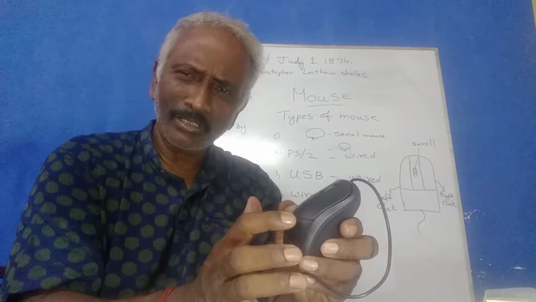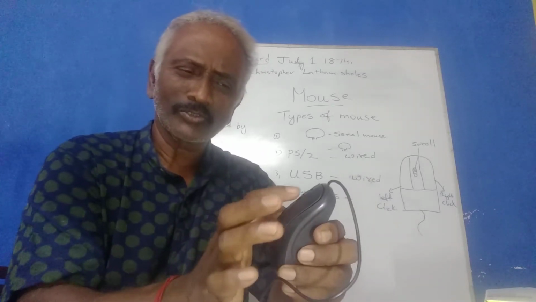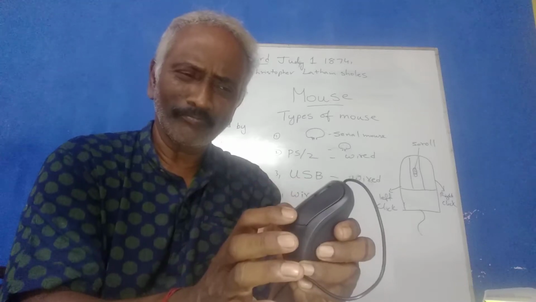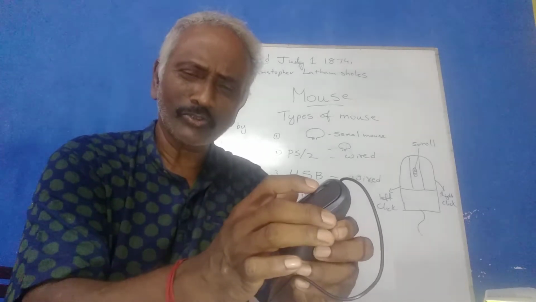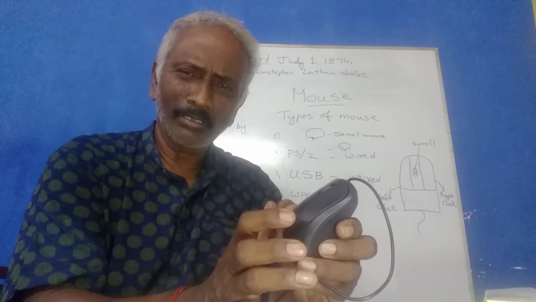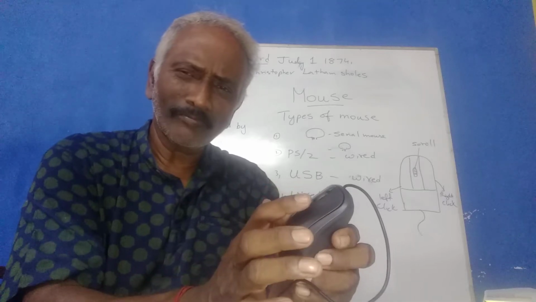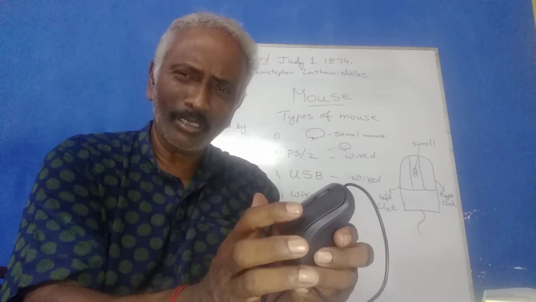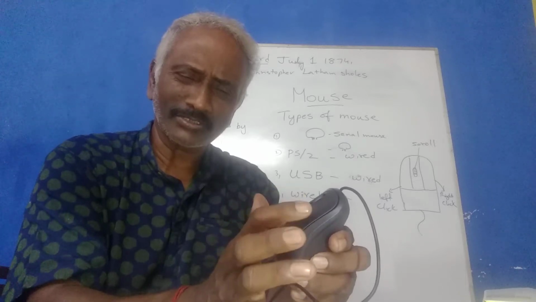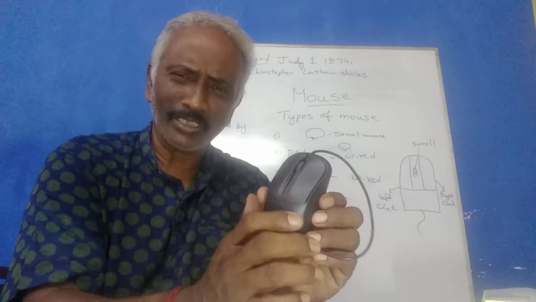So this is about your scroll button. If the scroll wheel is not functioning, you also have a click on it. What is this click? I'll show you in the next episode what the function of this click is. So first you know about the mouse externally.